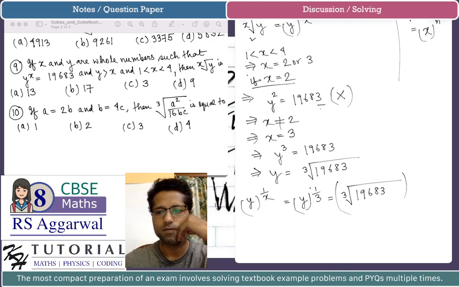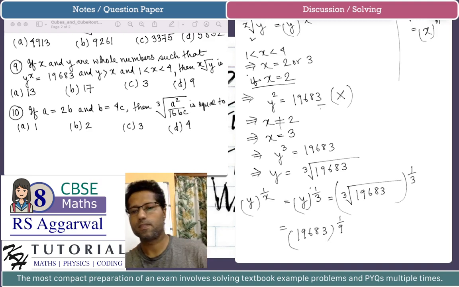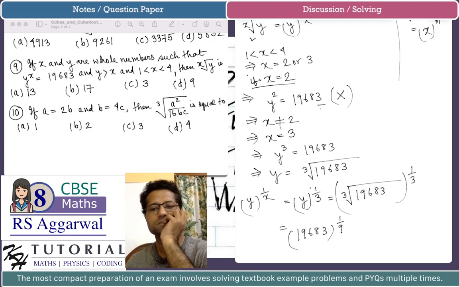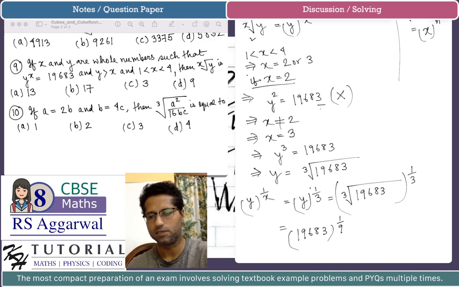This whole to the power 1 by 3. So this is nothing but 19683 to the power 1 by 9. So basically we have to find the cube root of 19683, whatever that value is, and then find the cube root of that value again.